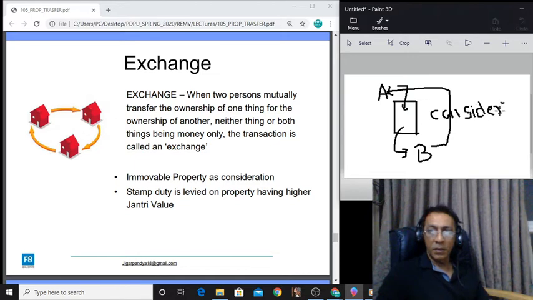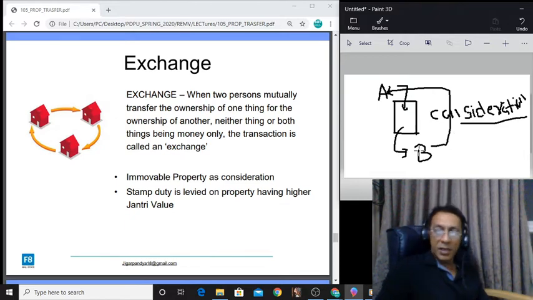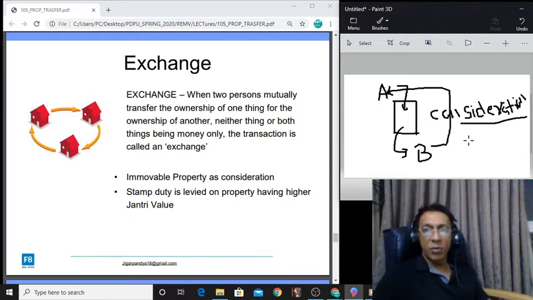And consideration is a term that is very popularly used and mentioned in the Indian Contract Act as well as the Transfer of Property Act. So, consideration by law has to be legal tender. Legal tender means the currency.